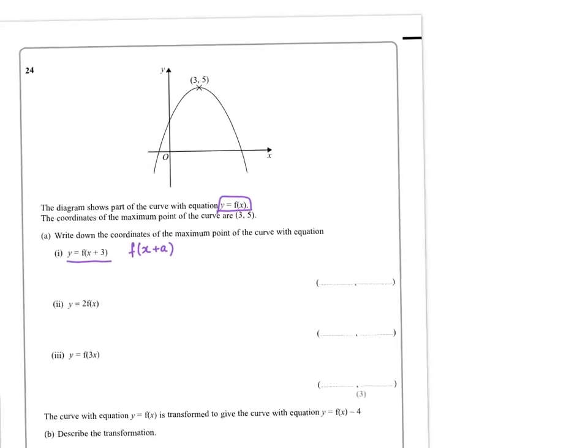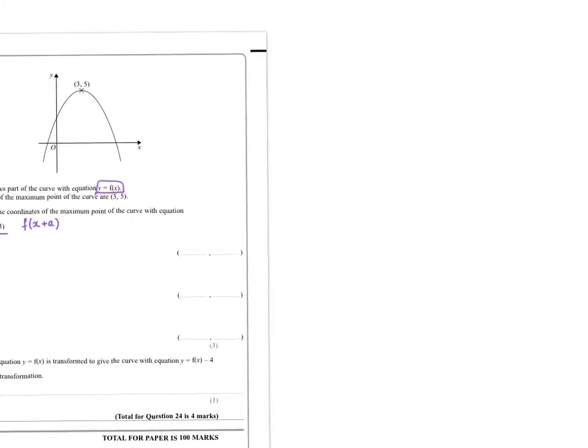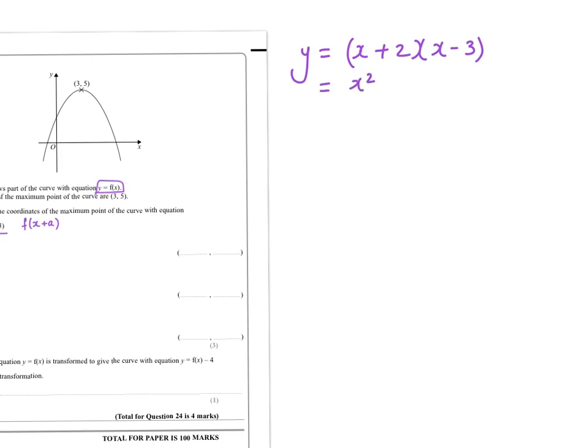So here's a little bit of an explanation. Let's take a graph y equals (x plus 2) times (x minus 3), for example. And if I multiply that out, I'll have x squared minus x minus 6.